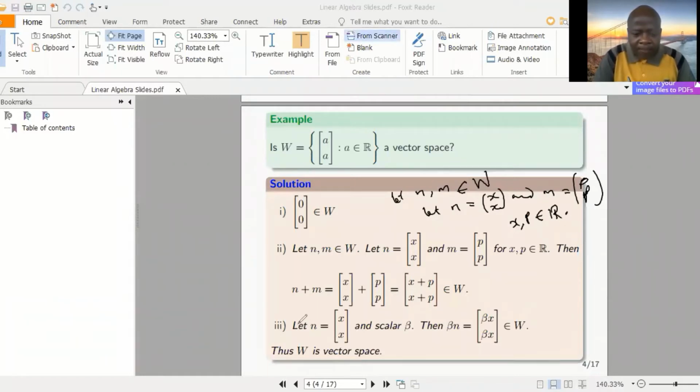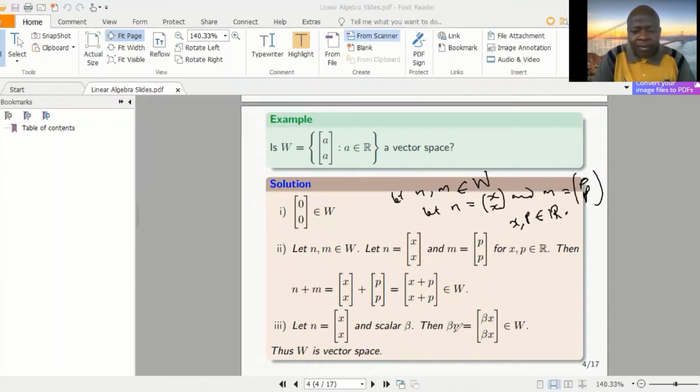Now, again, we want to show closure under scalar multiplication, so that the result will be in W. So I choose a vector N and the scalar beta and get the product beta N, which will be (beta x, beta x).